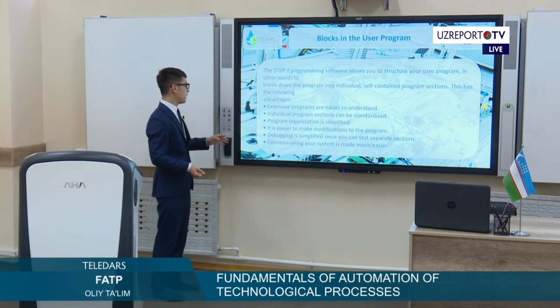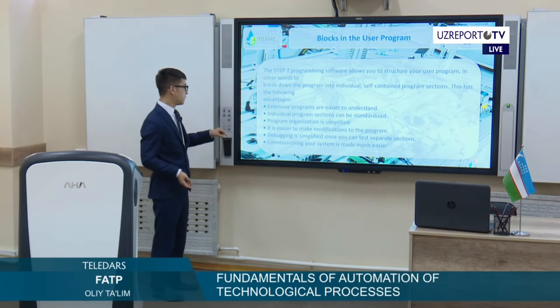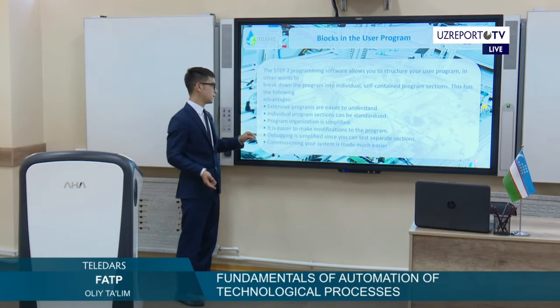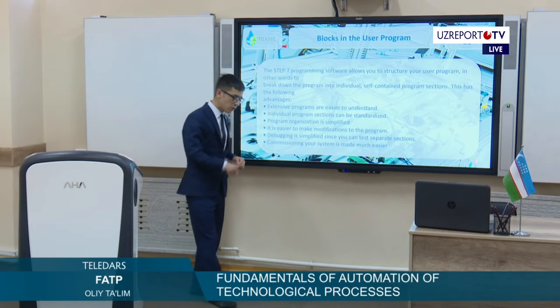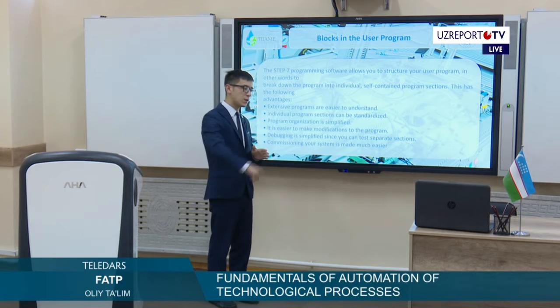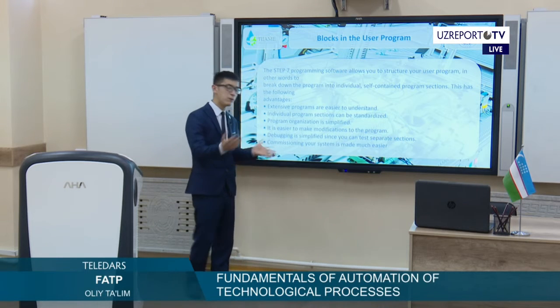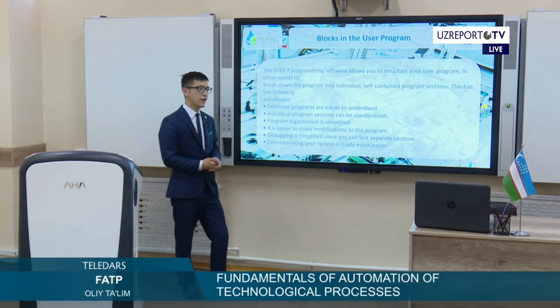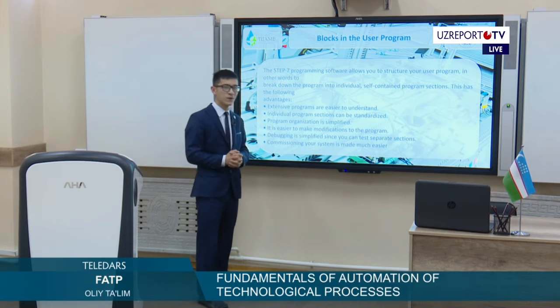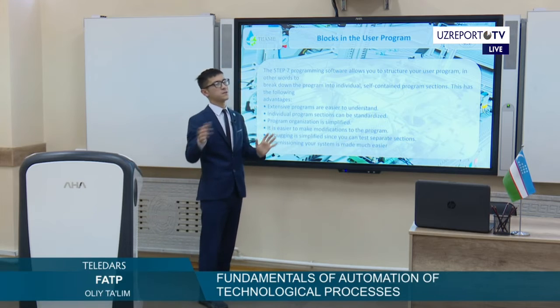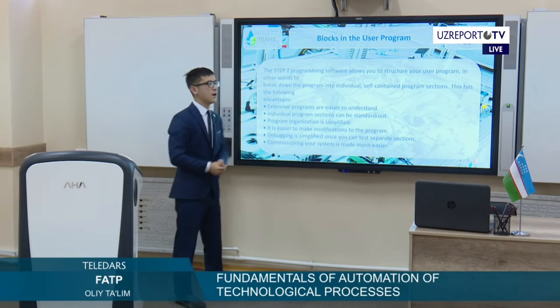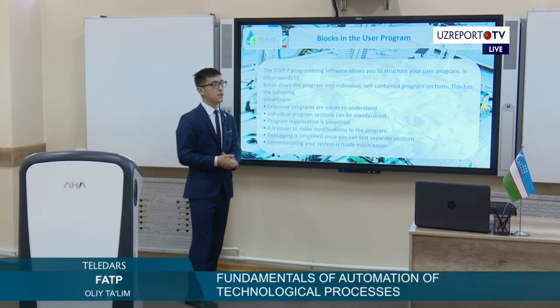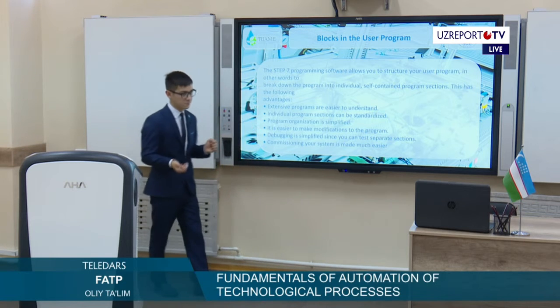Fifth, it's easier to make debugging, simple, since you can test separate sections. When you make a program, you can make a simulation before starting the technology process. And I think it's very important because some accidents may happen if you don't pay attention. Sometimes there are problems in the program, and here you can test.